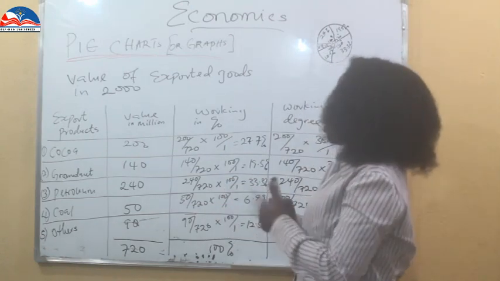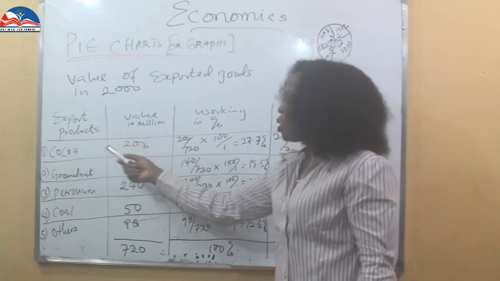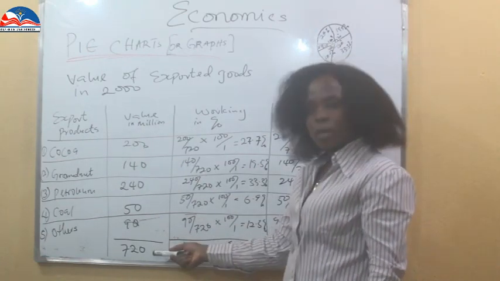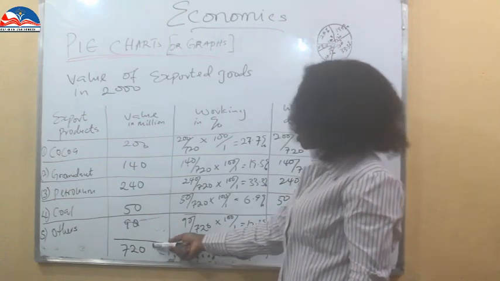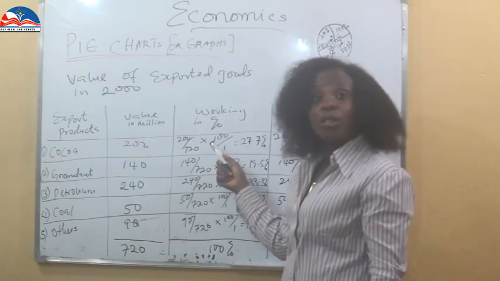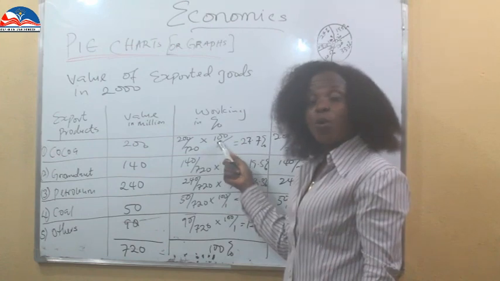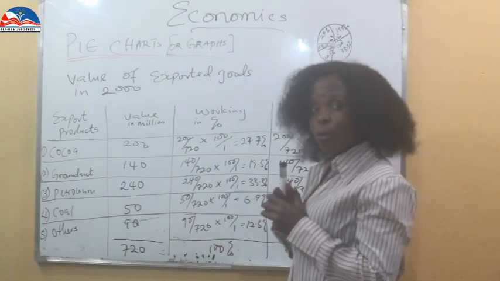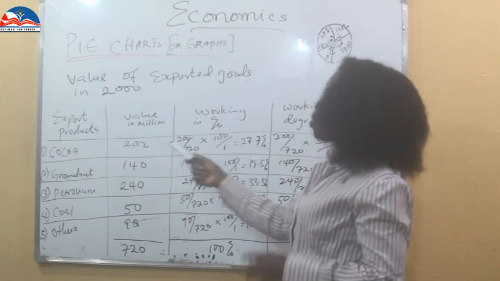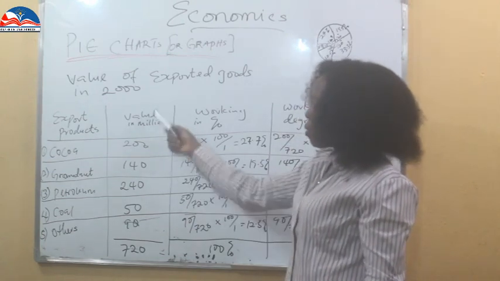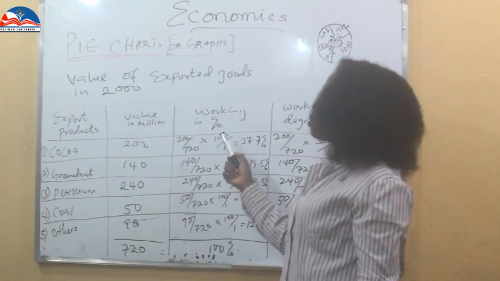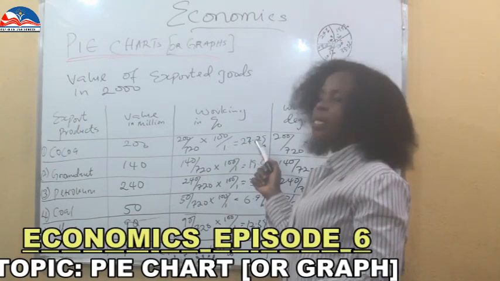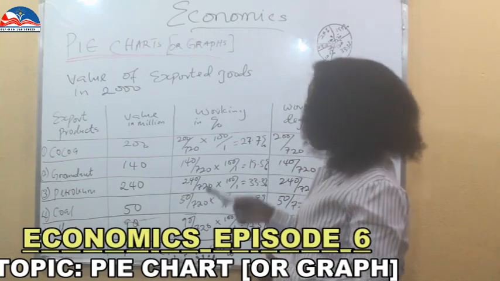Now, what we do is the product, which is the cocoa, over the subtotal of what is exported, times 100, because the percentage we are looking for is out of 100%. So it's going to be the number of products all over the subtotal times 100 over 1, and we'll have 27.7%.